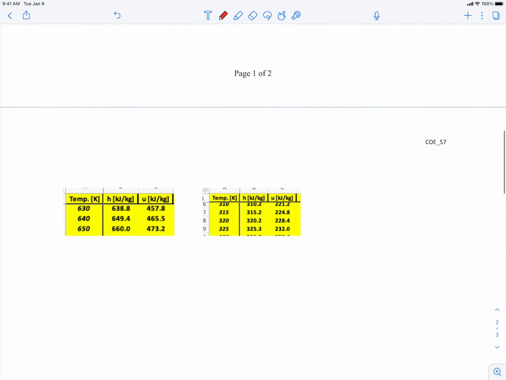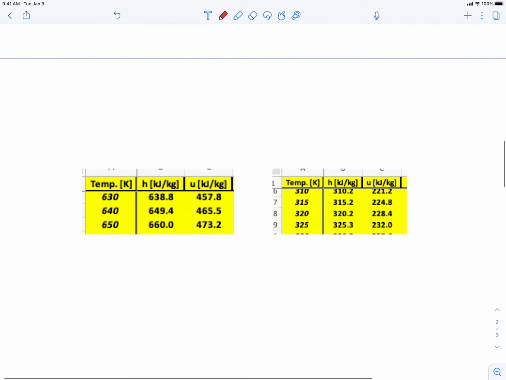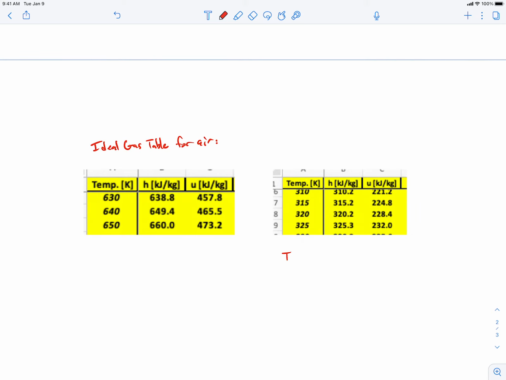So I have portions of the ideal gas table. So this is the ideal gas property table for air. And you can see I have the temperatures here. So the T1 was 323 Kelvin. So that's somewhere between these.